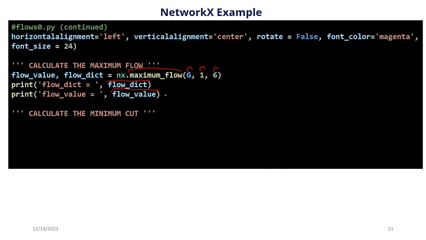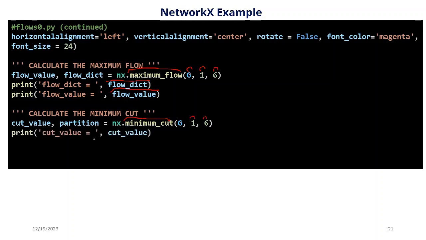We can also obtain the minimum cut for the particular graph, minimum cut from node 1 to node 6, and we can print out the cut value and print out the cut partition. Show the graph. So we are going to go to Visual Studio Code and run this program and see exactly what it produces.